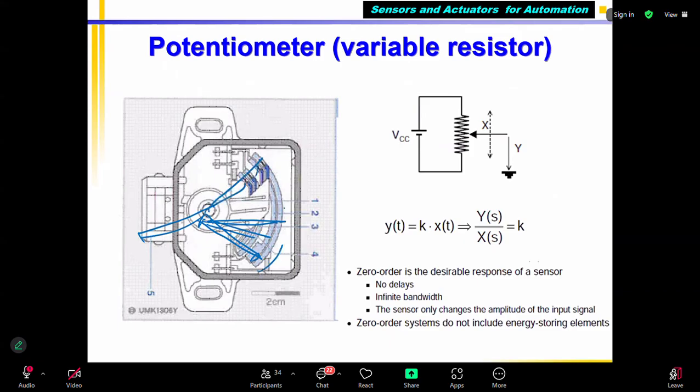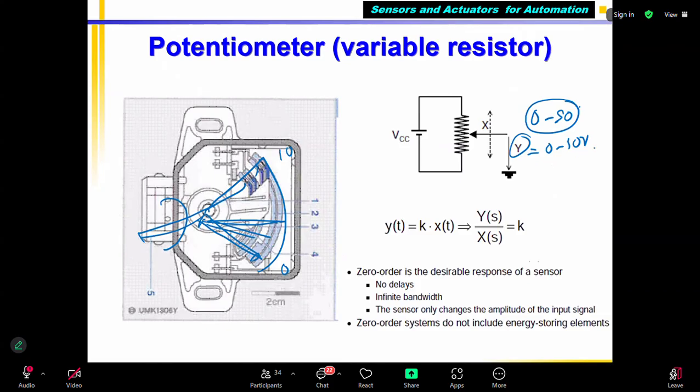When it moves over the track, the output voltage is from 0 to 10 volts. It will vary from 0 to 10 volts when the shaft rotates 0 to 90 degrees. So this is how your TPS sensor works in engine control. It is used to measure the angle: 0 to 90 degrees measured, which represents 0 to 10 volts.